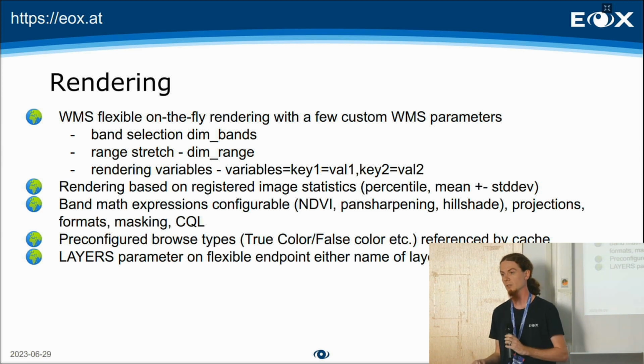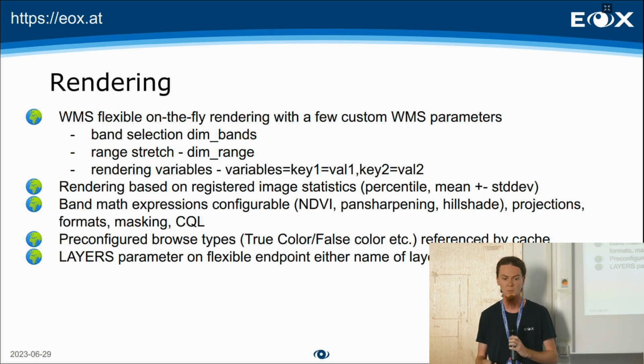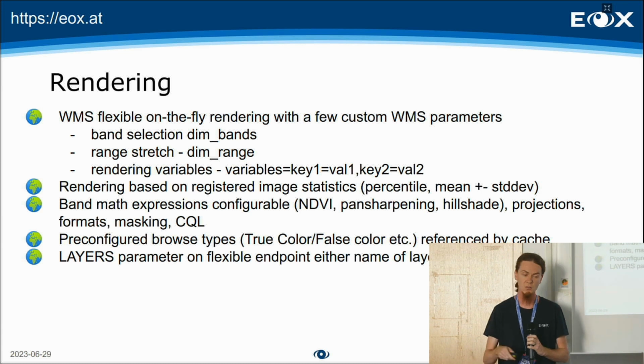We also have rendering variables. So if you have some flexible configurable rendering, like for example hillshade, you can as a user pass in the parameters of the hillshade rendering into the server rendering process itself.